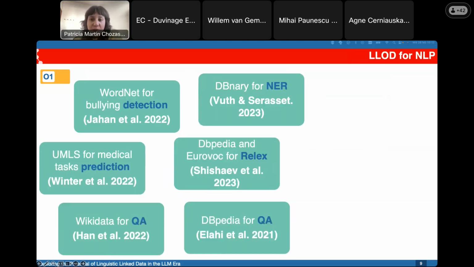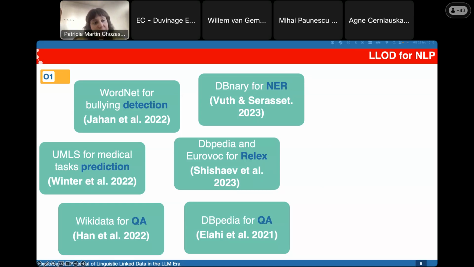Okay, so now that we have seen the main elements that we can find in language resources as linked data, let's now comment on several experiments of traditional NLP approaches using Linguistic Linked Open Data. We have here some experiments, for instance, with WordNet for bullying detection, or with UMLS that I didn't mention before, but is a well-known thesaurus from the medical domain.